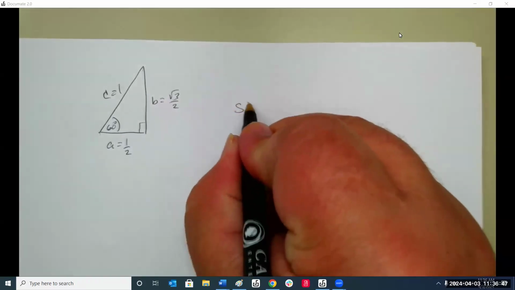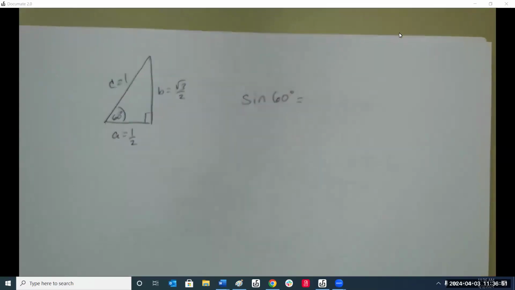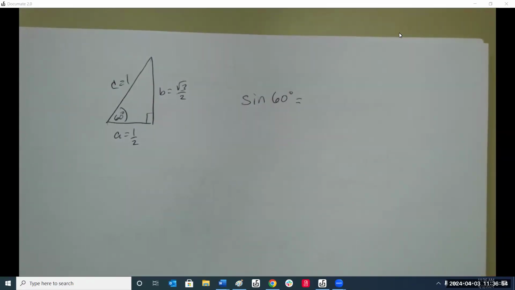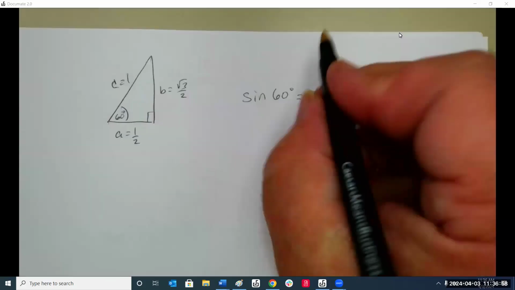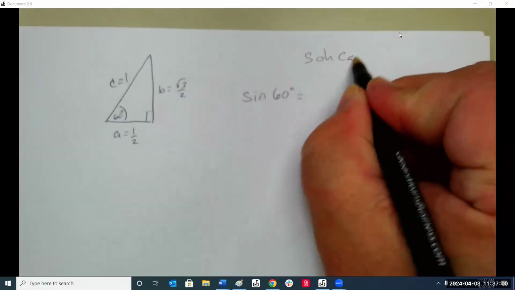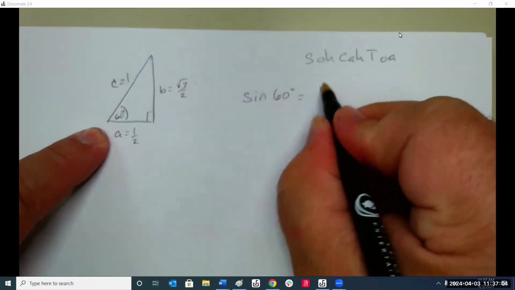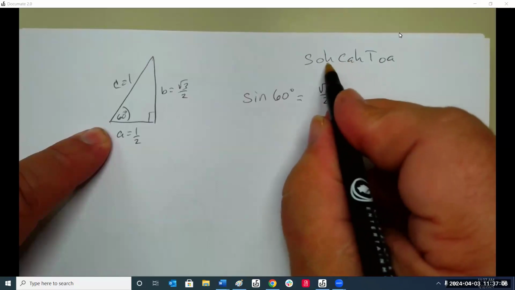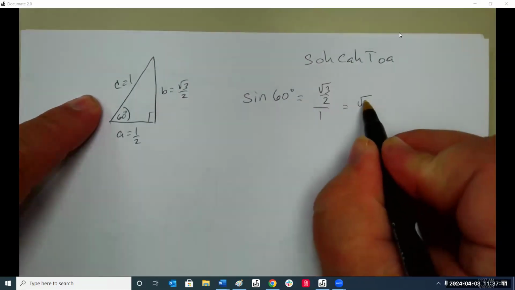So what would the sine of 60 degrees be? What is sine? Think of the opposite, which is square root of 3 over 2, divided by the hypotenuse, which is 1.